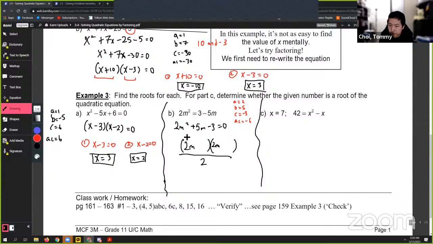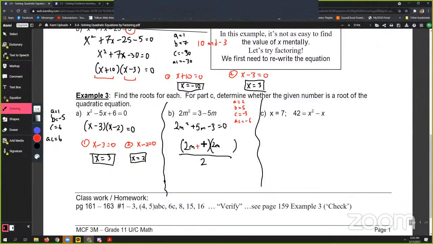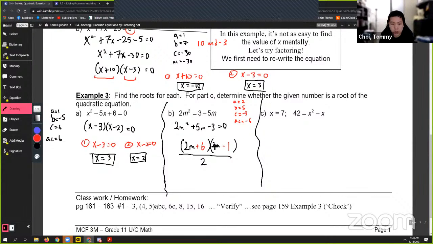Anyone? 6 and negative 1. Right? So 2m plus 6, 2m minus 1. The reason why we do it this way is so that once you get here, you common factor from the bracket where you can. So we can common factor the front, which is 2m plus 6.